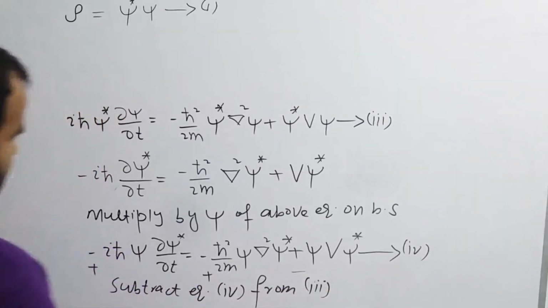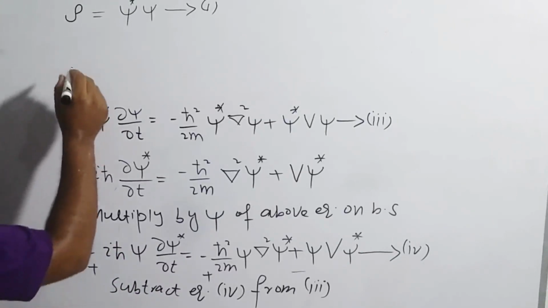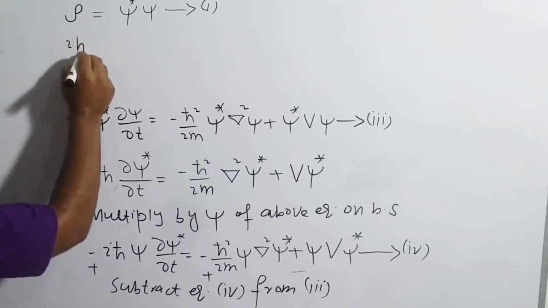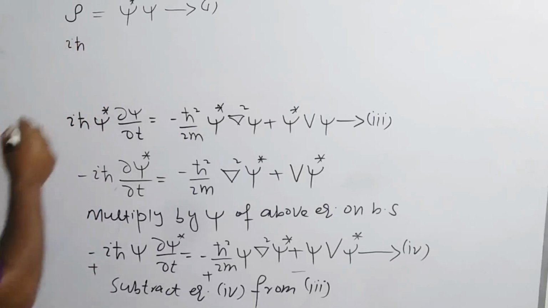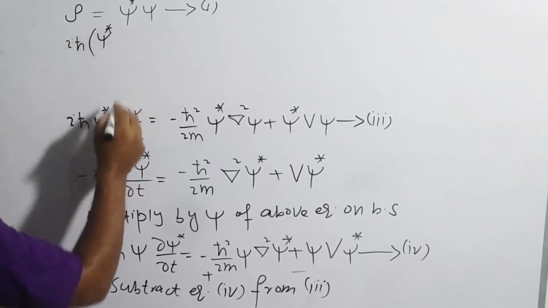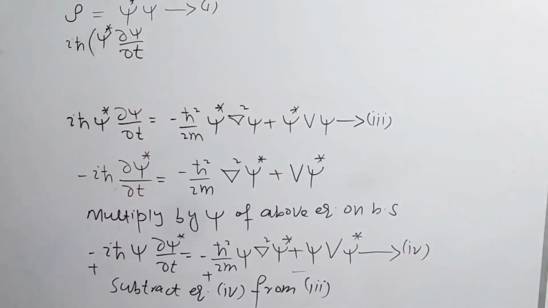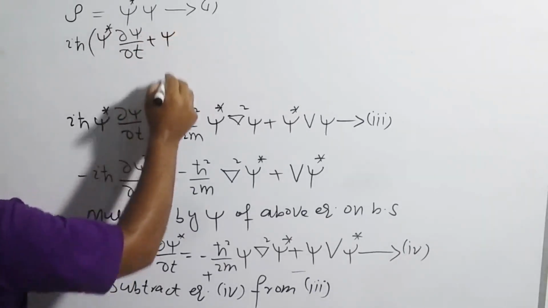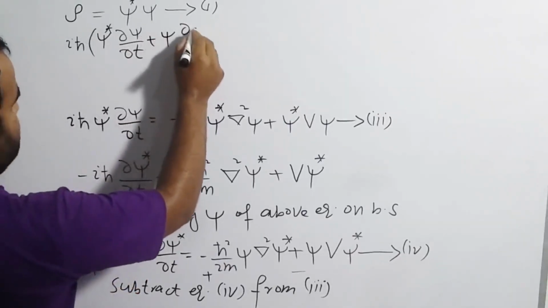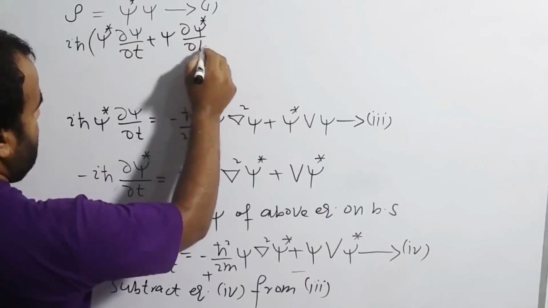So we get iota h cut times psi star partial psi divided by partial t plus psi partial psi star divided by partial t.